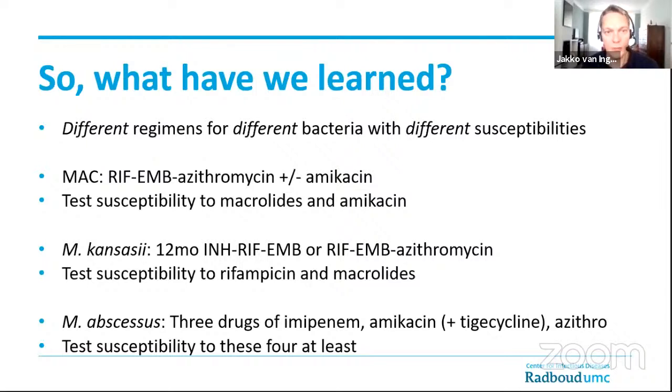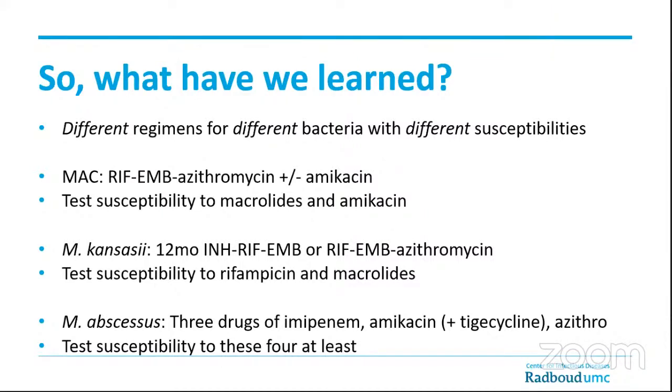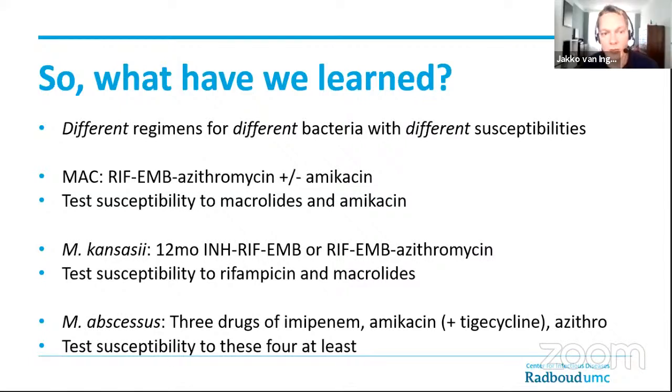So what have we learned? Well, treatment of NTM pulmonary disease is really different regimens for different bacteria with different susceptibilities, most of them natural susceptibilities. So treatment for MAC: classic 3-drug regimen, rifampicin-ethambutol-azithromycin, with amikacin in case of very severe disease.